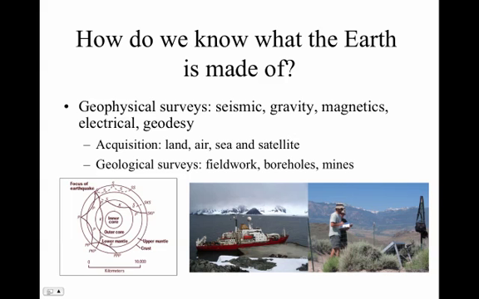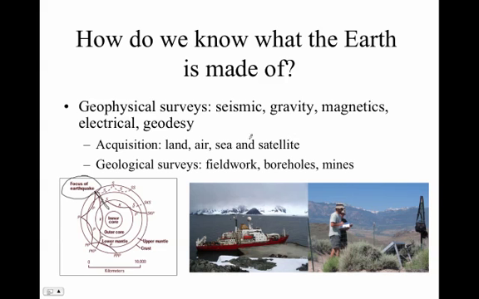For example, earthquake waves can be sent using seismic waves, and they'll bounce back at different speeds depending on what we're running up against. So one way that we've learned about the thickness and layers of the earth was through sending out seismic waves, which are earthquake waves.